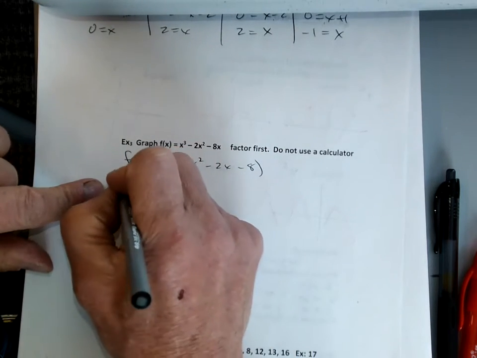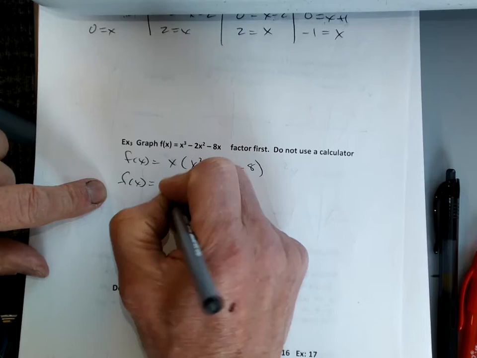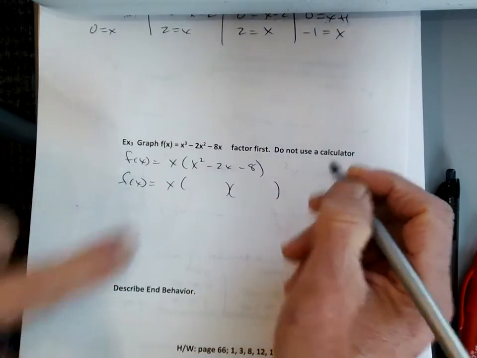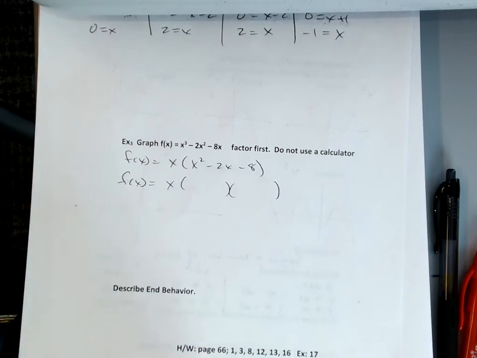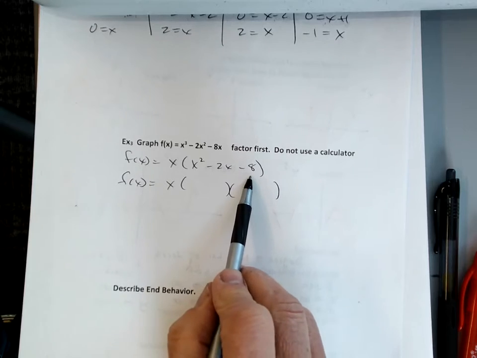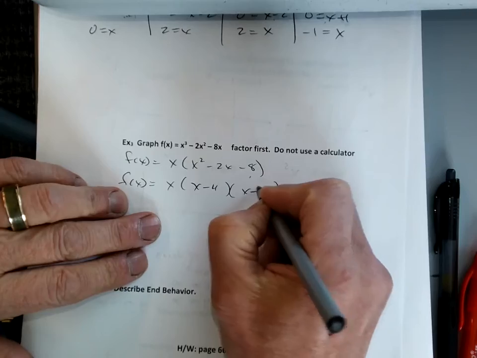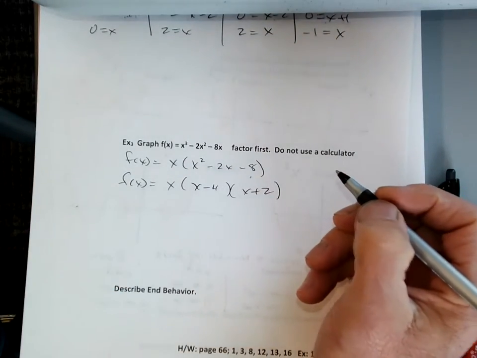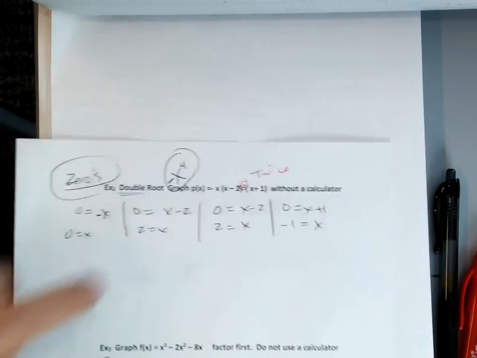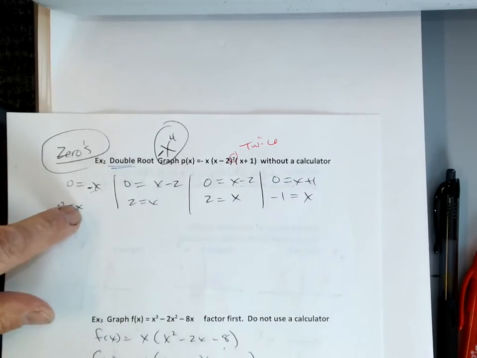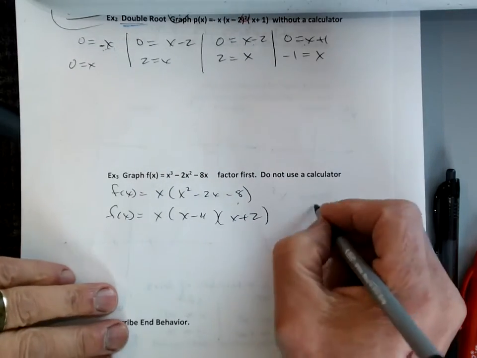Then f of x is equal to x, and I can factor that trinomial: negative 4, positive 2. So x minus 4, x plus 2. Now I've got that set up so that I can get zeros. So let's get my zeros.